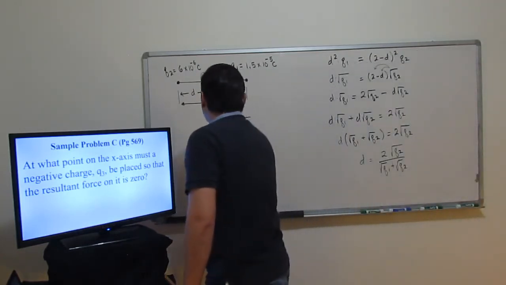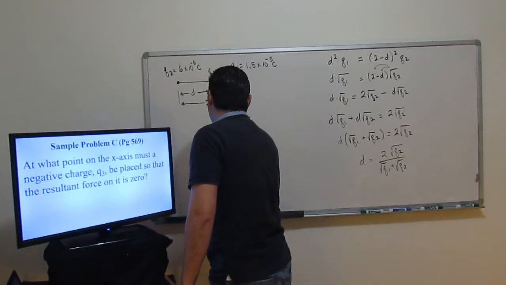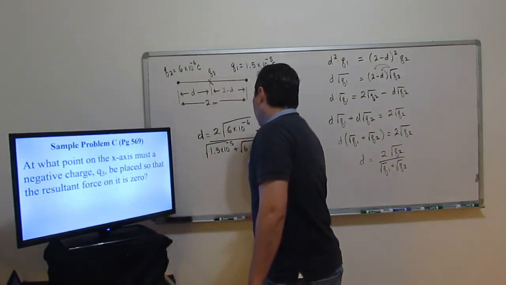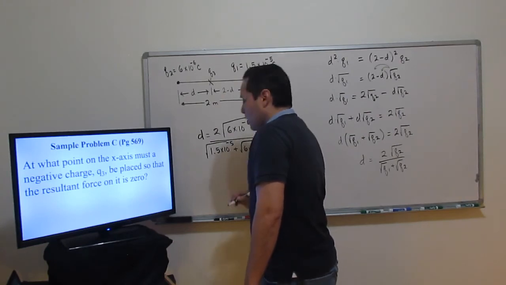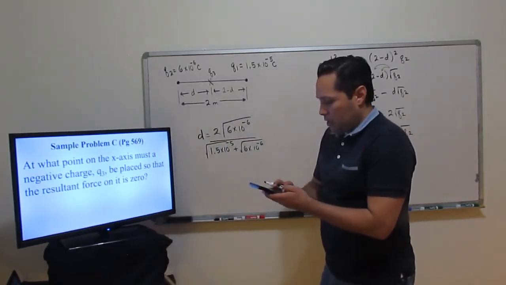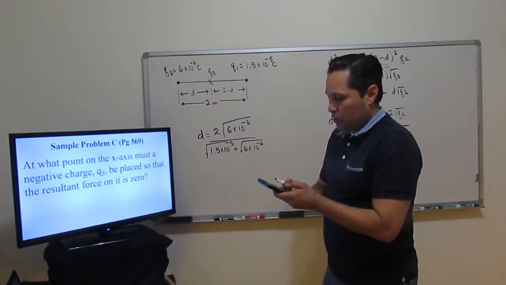So square root of Q1, 1.5 times 10 to the negative 5, plus 6 times 10 to the negative 6. So we plug them into the calculator, and we get 6 times 10 to the negative 6, square root of that answer.